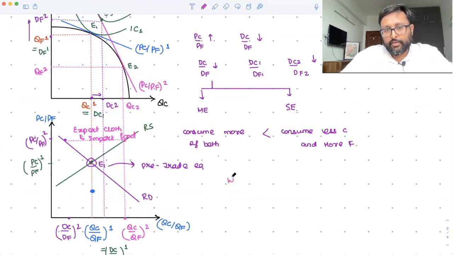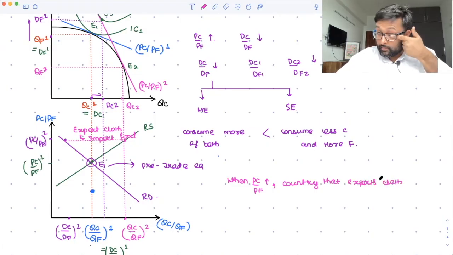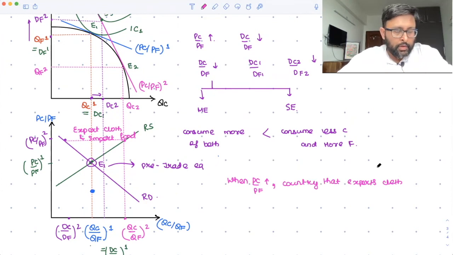So when PC by PF increases, the country that exports cloth is better off, right?